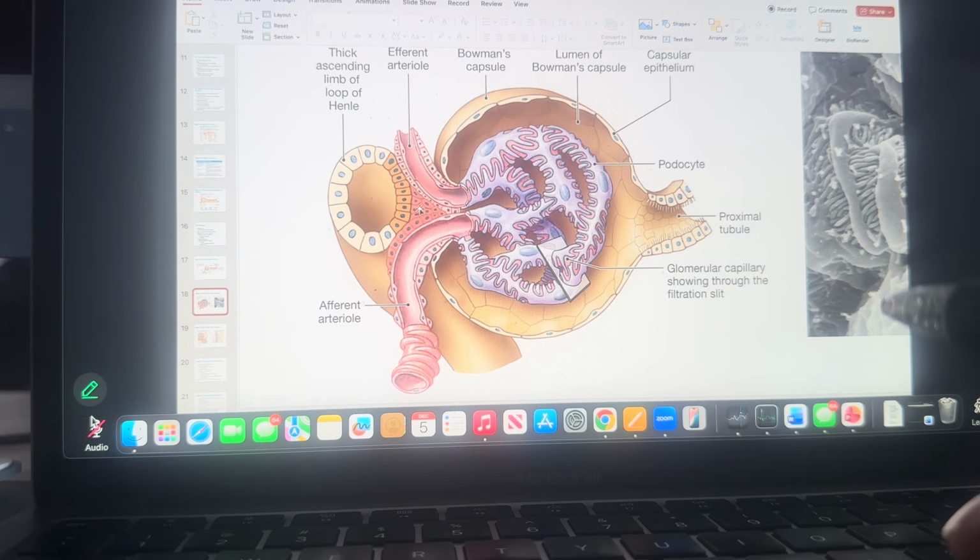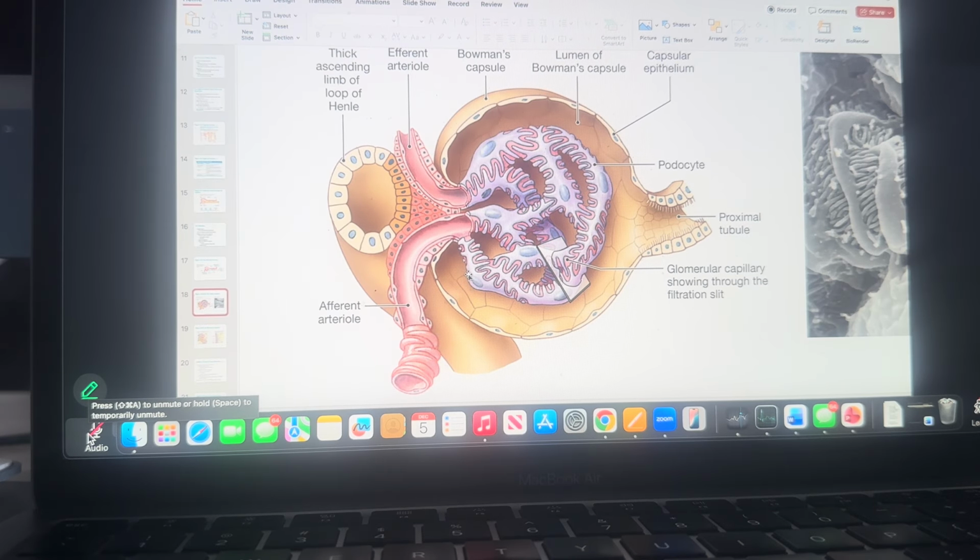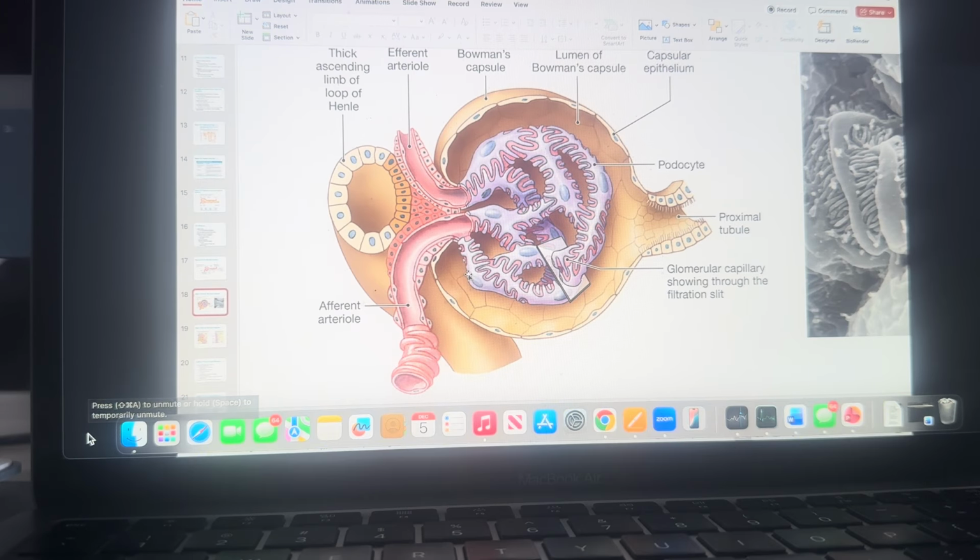What do these cells do? How do they regulate the blood flow? They can either speed it up or slow it down to maintain that constant GFR, right?